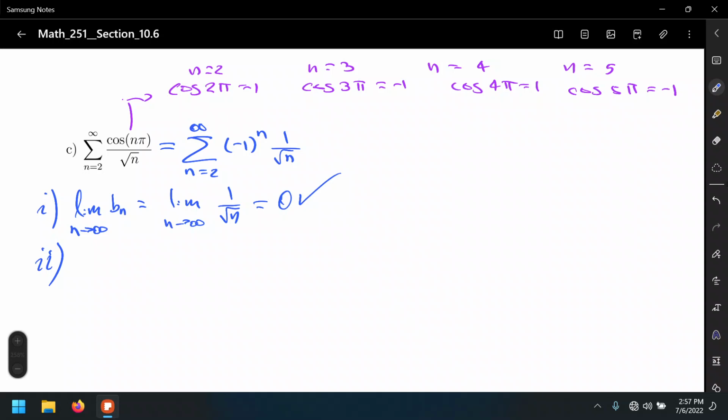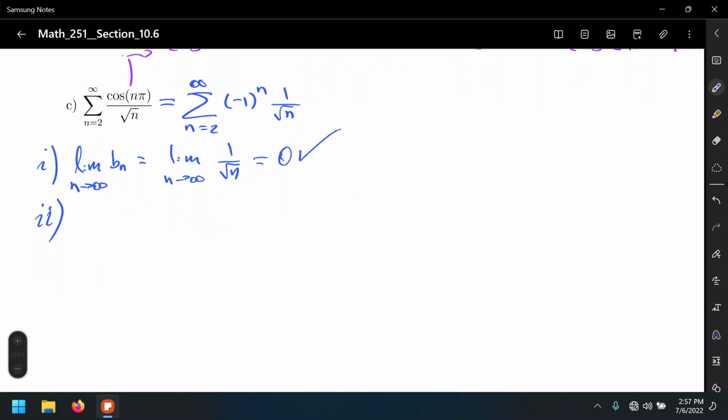For the second condition, is the sequence non-increasing, or in other words, decreasing? Either one or the other. Well, that is, is b sub n plus 1 less than or equal to b sub n? Well, 1 over the square root of n for b sub n, and for the term on the left hand side of the inequality, we need to replace n with n plus 1.